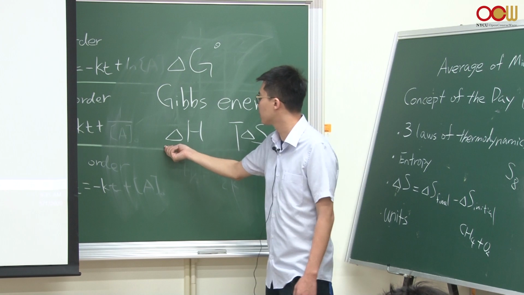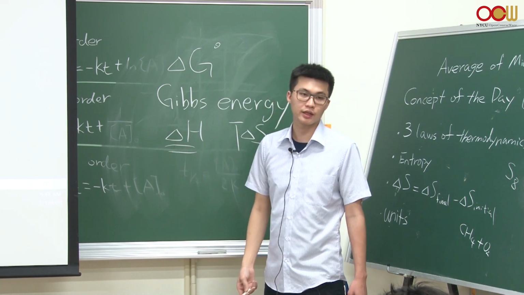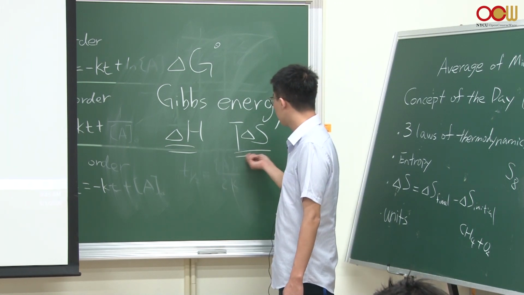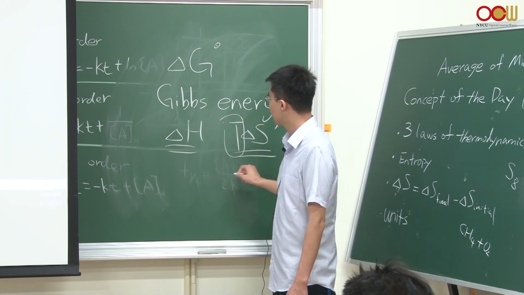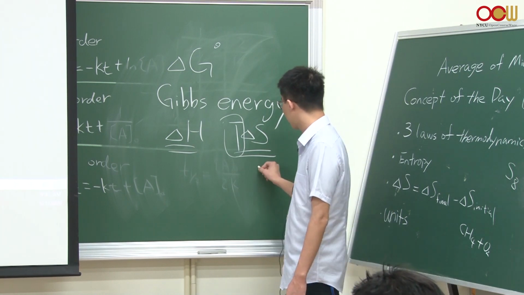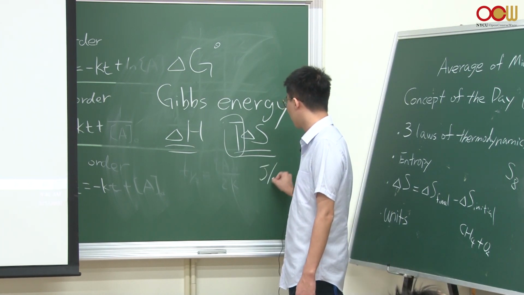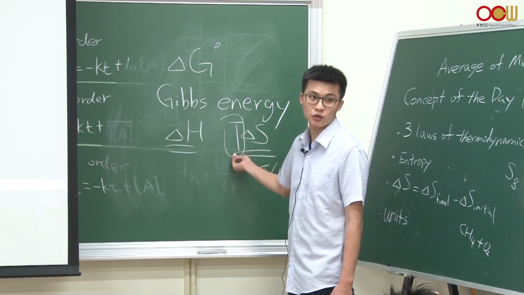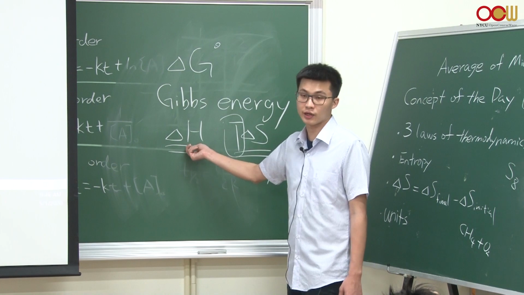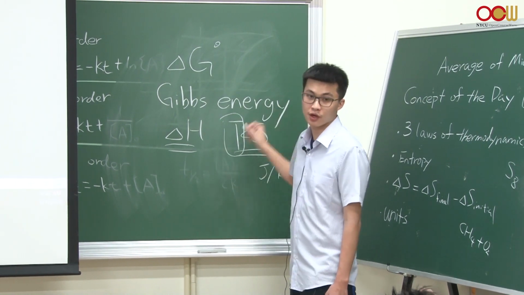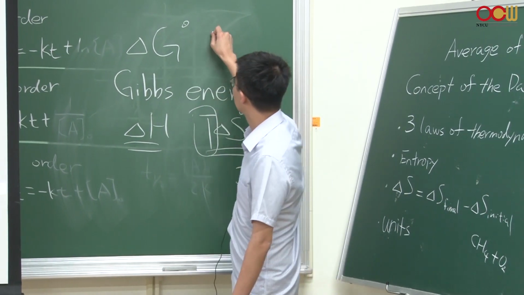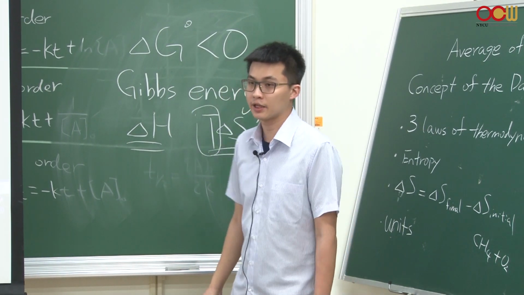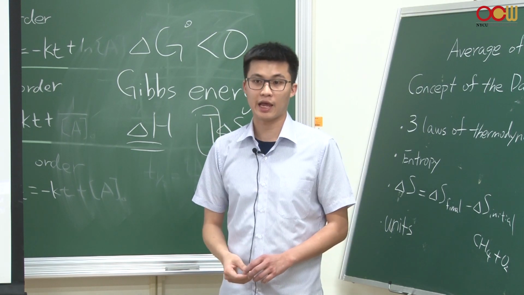So you have to consider the delta H, which is heat from such a process, and a temperature dependent term of your delta S. Because remember, the unit of delta S is joule per Kelvin, right? If you multiply by the temperature, that will give you the same unit so that you can keep calculating the energy of your system.